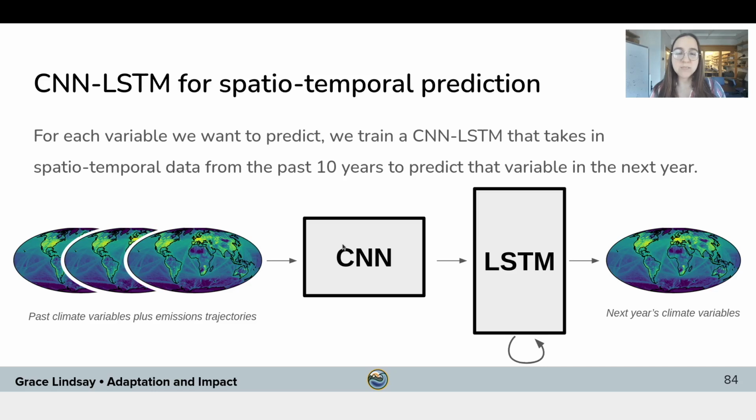So at each point in time, we pass spatial data through the CNN, and that gets passed into the LSTM at each point in time, where the LSTM is allowed to hold on to that information over time and identify temporal patterns. And eventually, we use the activity at the last time step of the LSTM, and we project it back into the spatial dimension to produce a prediction of future climate variables.